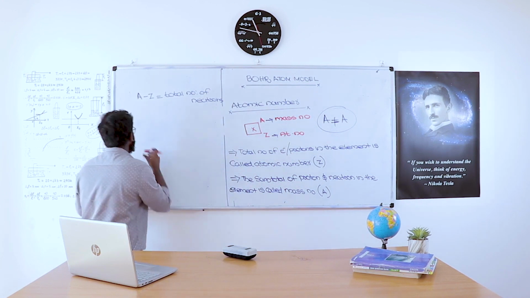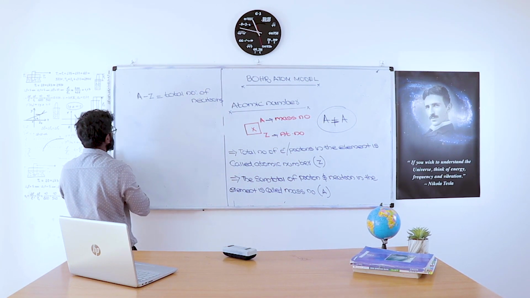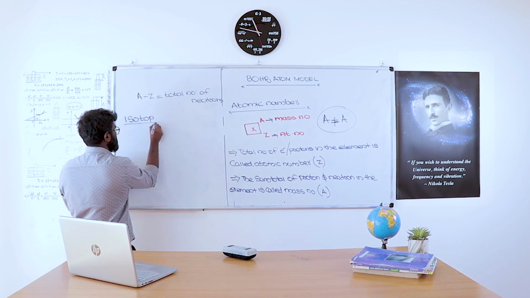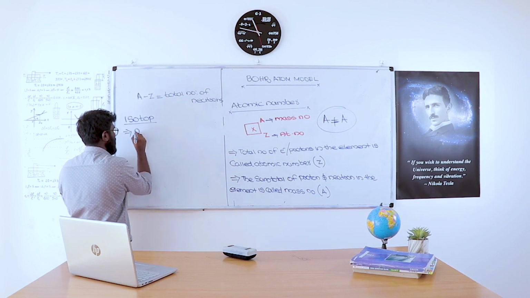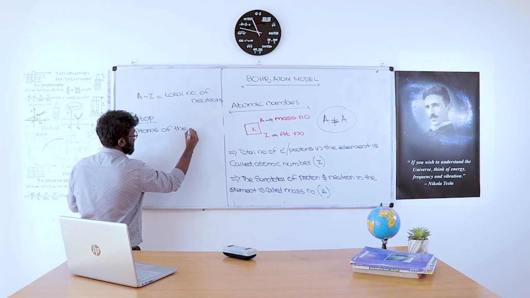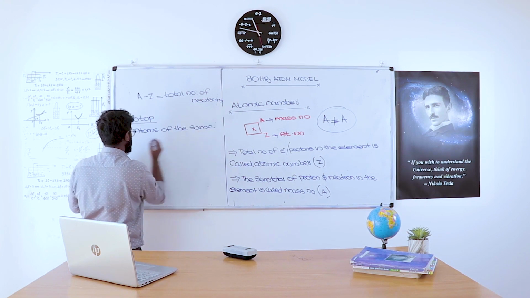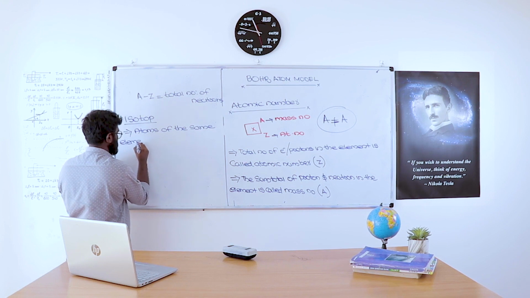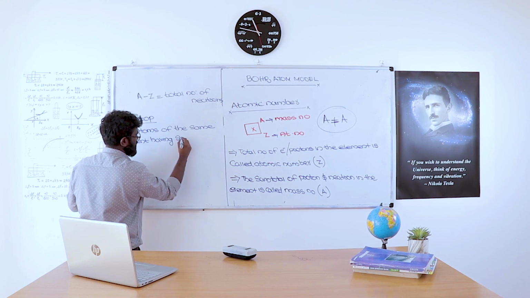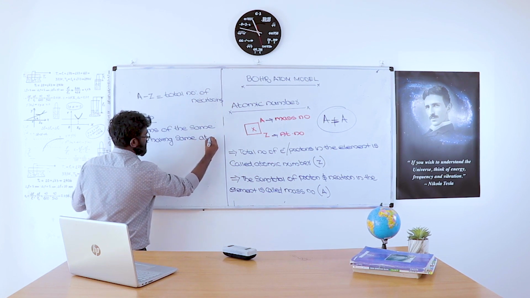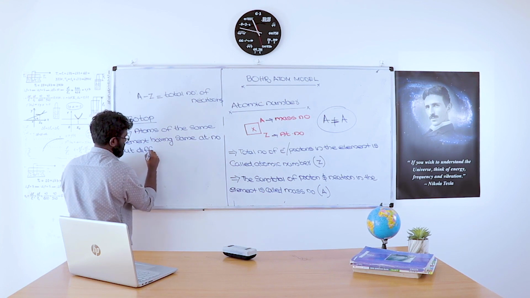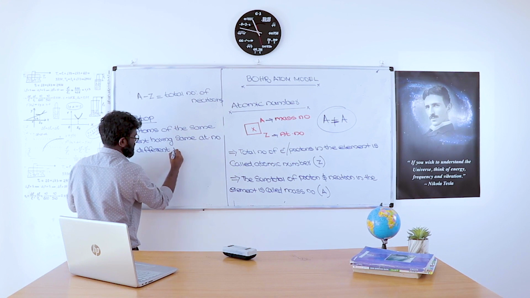So the next one is isotope. Isotope means atoms of the same element having the same atomic number but different mass number.